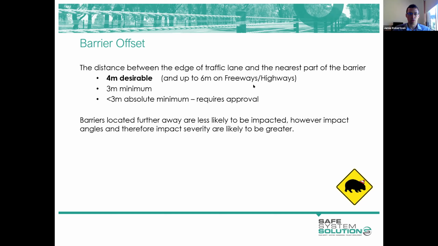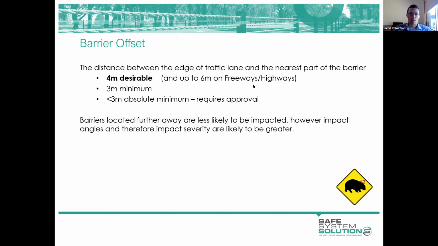I'm not sure, to be honest, of the Austroads stance on 4 metres. Certainly the practice in Victoria has evolved in the last few years with a lot of continuous barriers being installed, and a lot initially went in at 3 metres. There was a very strong push to increase that to 4 metres after continuous barriers started being rolled out.